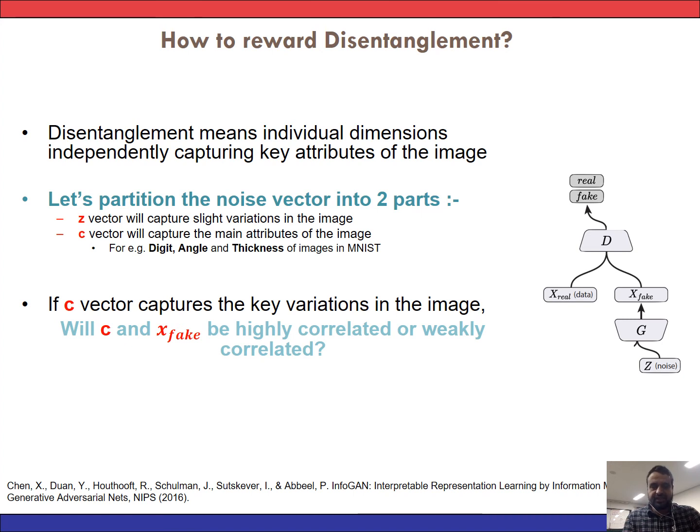So they disentangled, they separated that information. How did they separate it? First they sample the z vector from the Gaussian or uniform distribution, and secondly they concatenate the c vector.